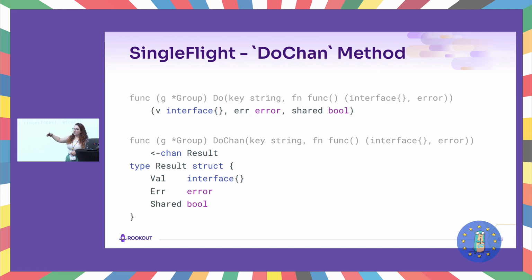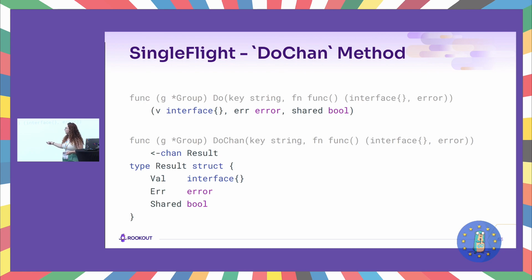While do will just block until the function it's called has completed, and then return the results from that function, the DoChan will immediately return with a channel, and that channel will receive a response. And response has the exact same thing that do returns, right? It'll have the value and the error and the shared boolean.